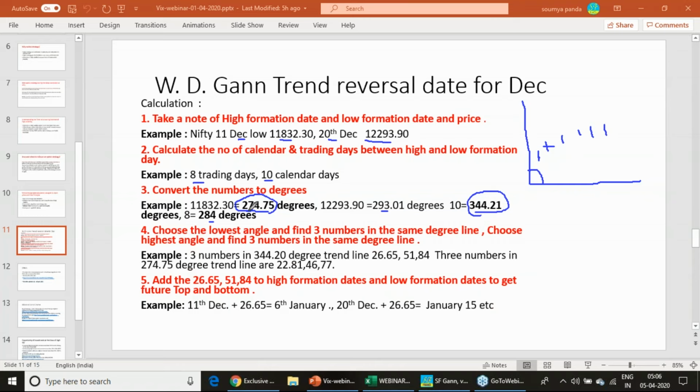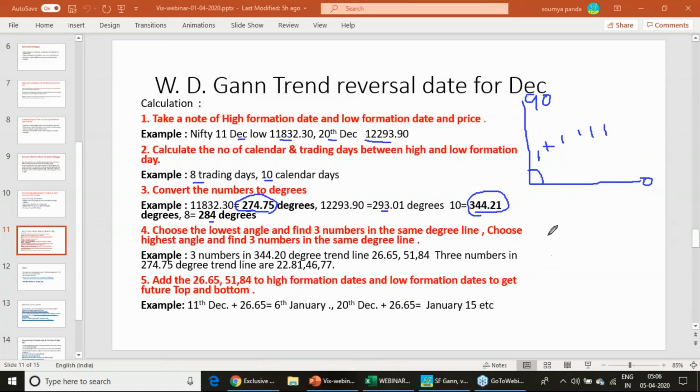Whenever such degrees are given and we have a scale from 0 to 90 degrees, but we have been asked to draw 274 degrees in this chart paper where only 0 to 90 degrees is present, those who have an engineering background will know it. 90 into 3 is 270.